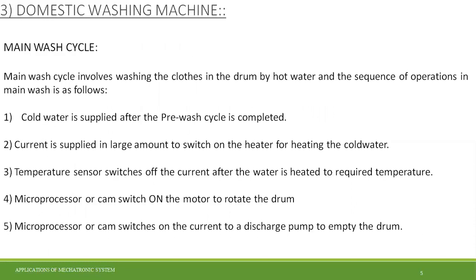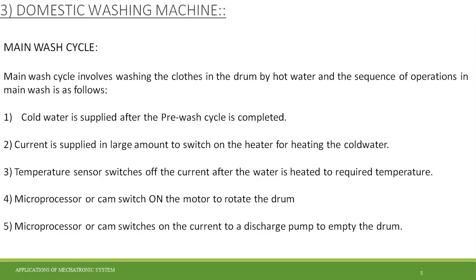Second one, the main wash. The cycle involves washing the clothes in the drum with hot water, and the sequence of operations in main wash is such that cold water is supplied first, initially after the pre-wash. Current is supplied in a large amount to switch on the heater for heating the cold water. The temperature sensor switches off the current after the water is heated to the required temperature.